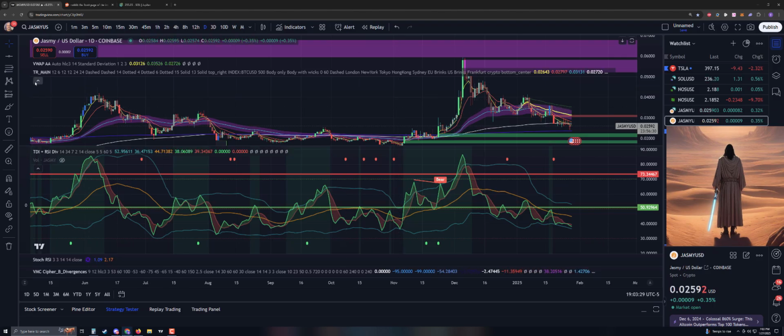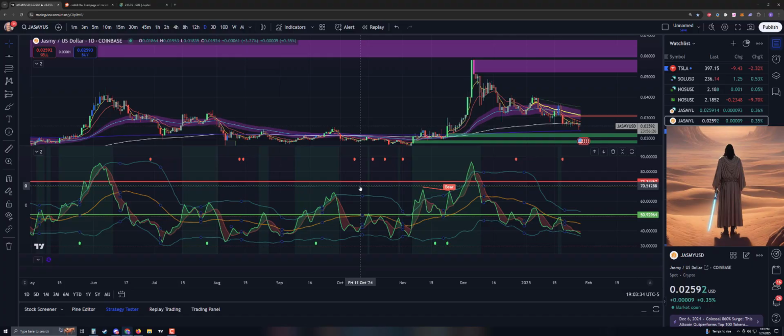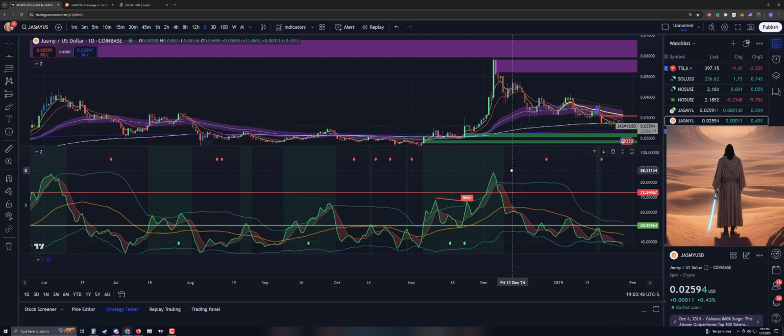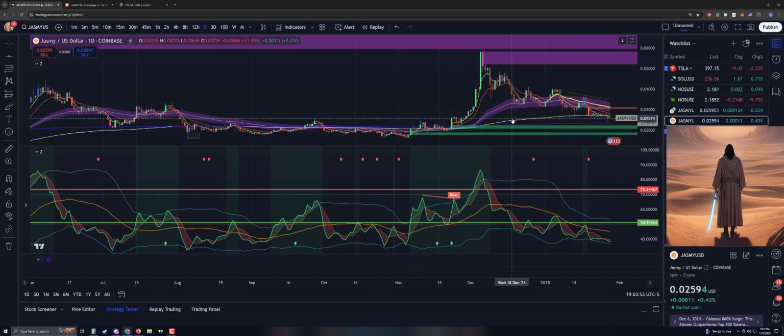Okay, so I have that panel set up on here, and basically my whole goal with this is to make your decision making for selling and buying a little bit easier. I'm going to try to break this down and show you. This is on the daily time frame, so each one of these candles is a day.